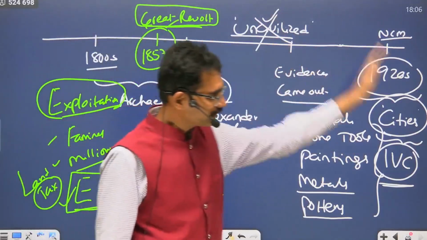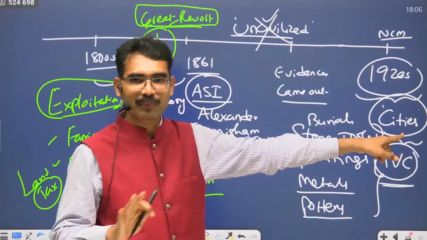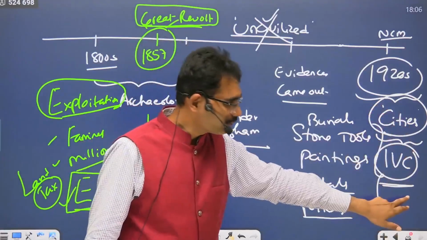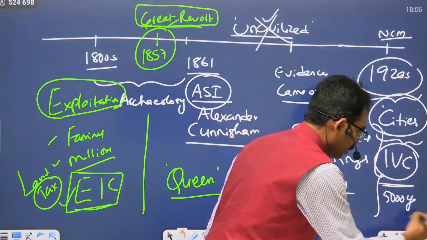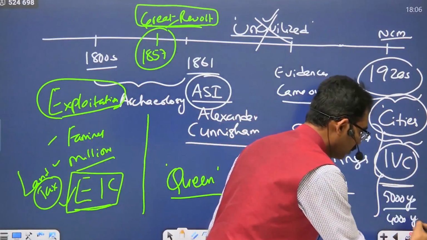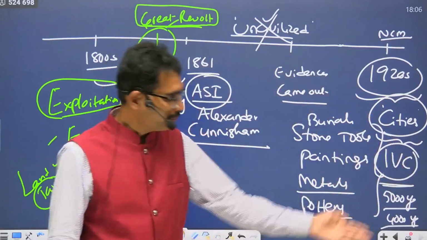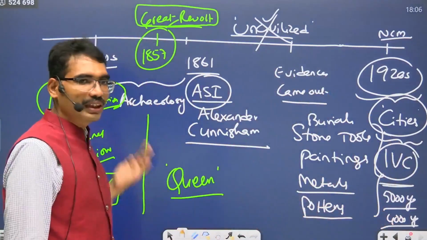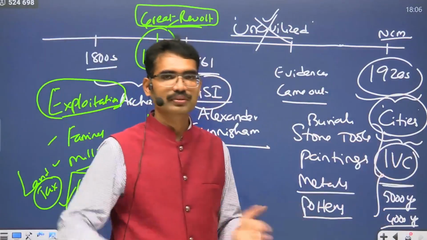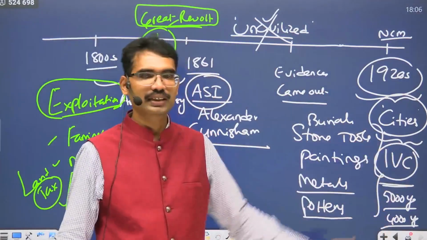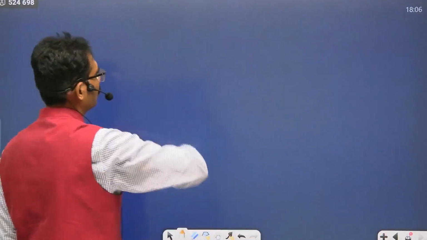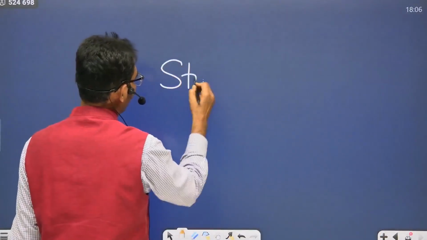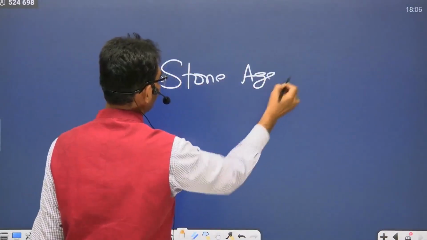And more facts came. Even these cities did not develop all of a sudden. Much before, this is 5,000 years earlier or 4,000 years ago, cities were there. But so many thousand years ago itself, foundations for this were laid. Comprehensively, all that evidence we are going to understand as part of the culture of the Stone Age.